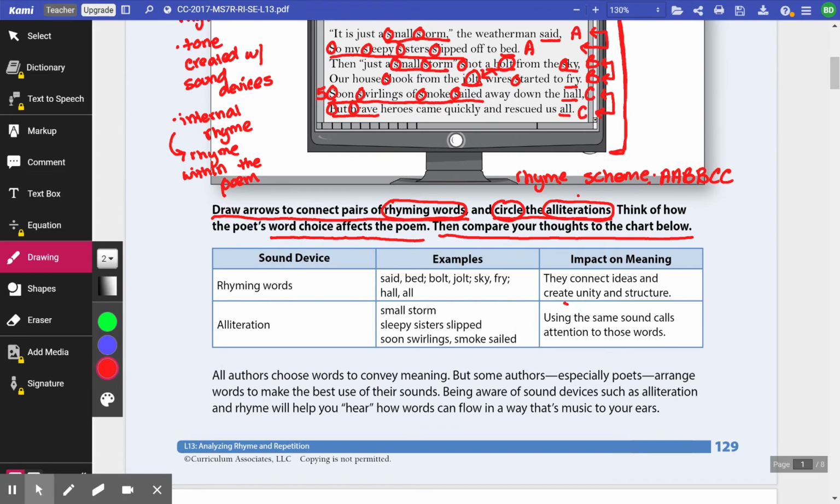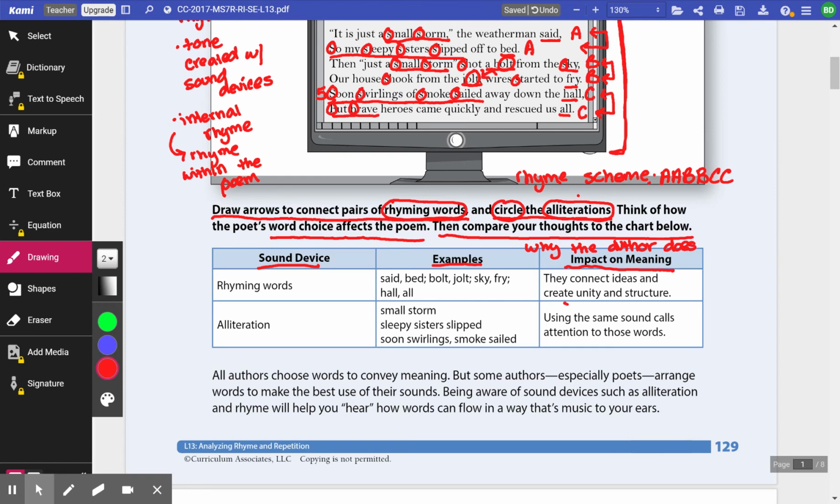So the chart is split up into 3 columns. The first column is for sound devices, the second column is for examples from the text, and then we have impact on meaning. So, whenever we get to the impact on meaning section, we have to try to think about why the author does what they do.